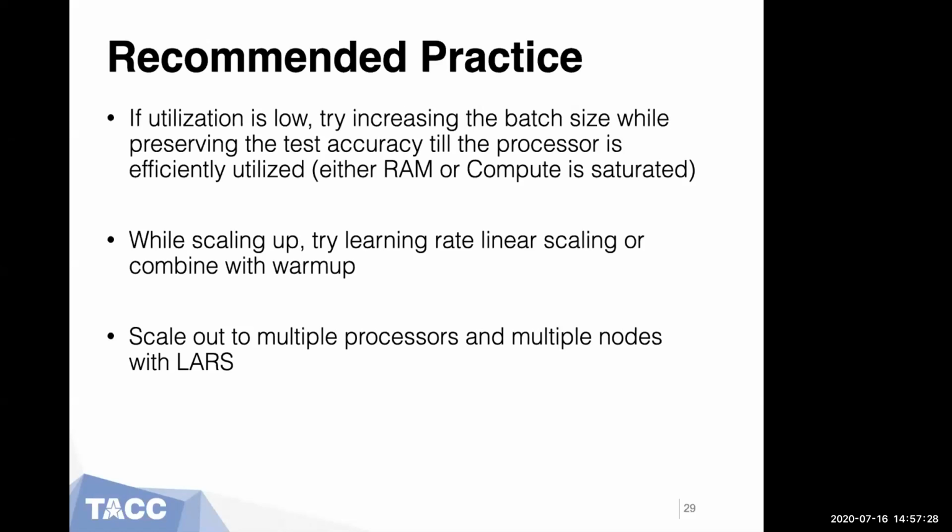Once you're at that stage, you can scale up to multiple processors and multiple nodes with LARS, or a later version called LAMB. You can try this. We also did some research on second order optimization with Kronecker factorization. That's also scalable to some extent, to like 128 GPUs efficiently. So you can look into other optimizers.